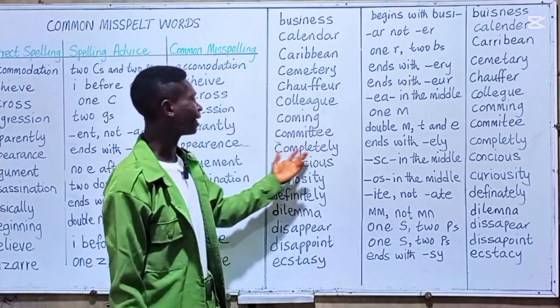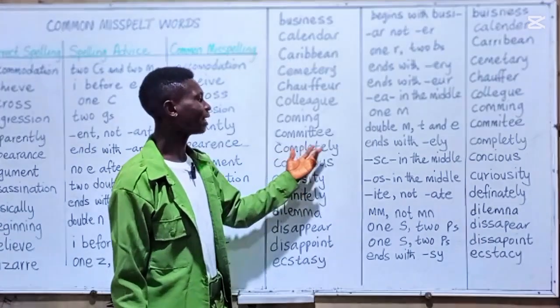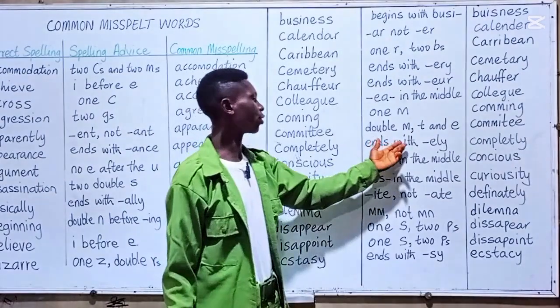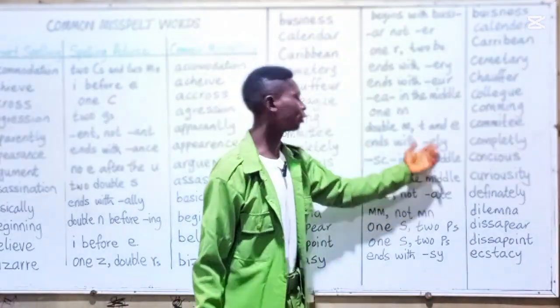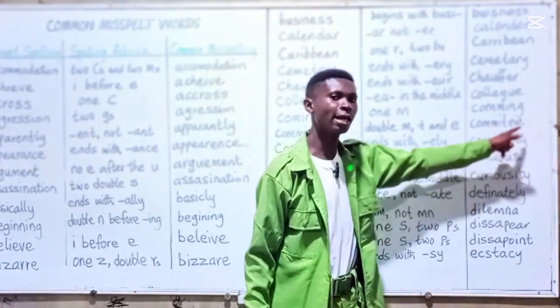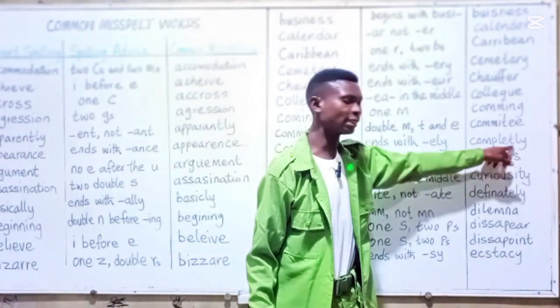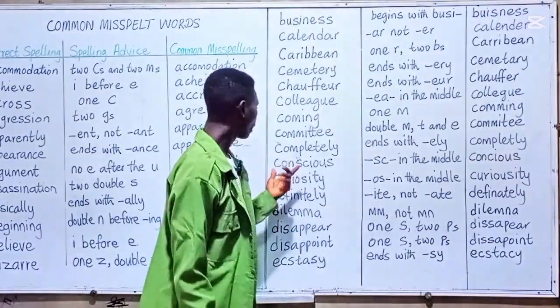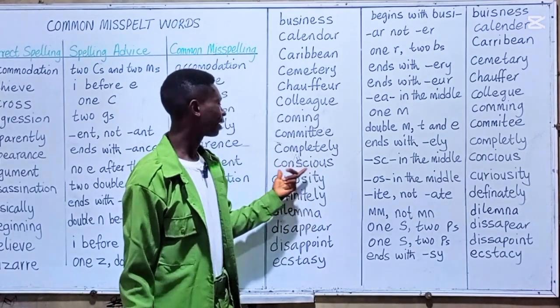Moreover, we have completely. In the word completely, it ends with ELY. Ensure you include the E, complete, before you add the LY. This is incorrect. Again, we have conscious.